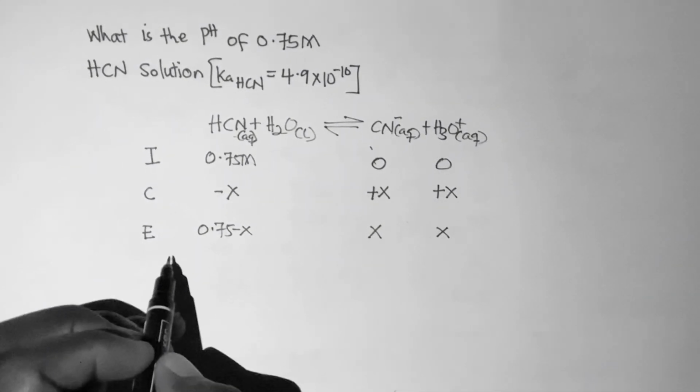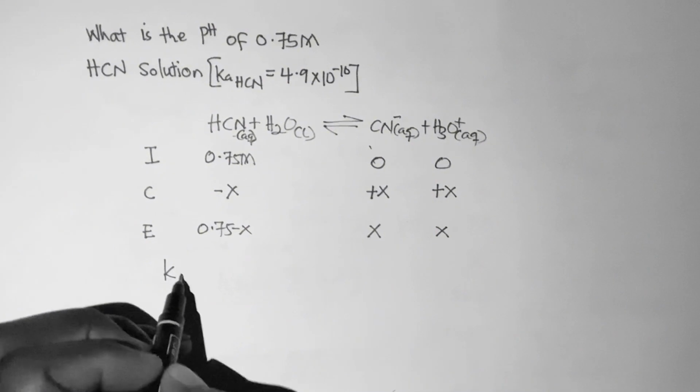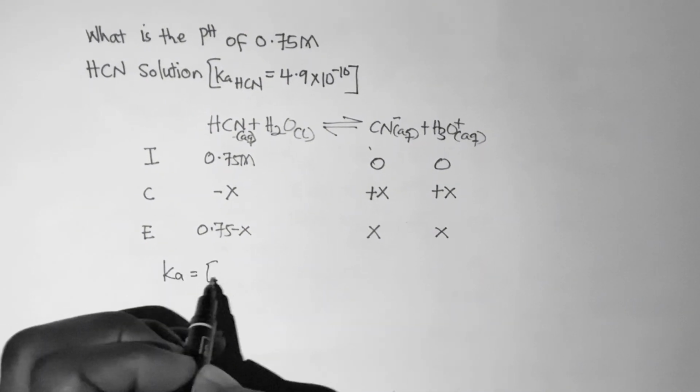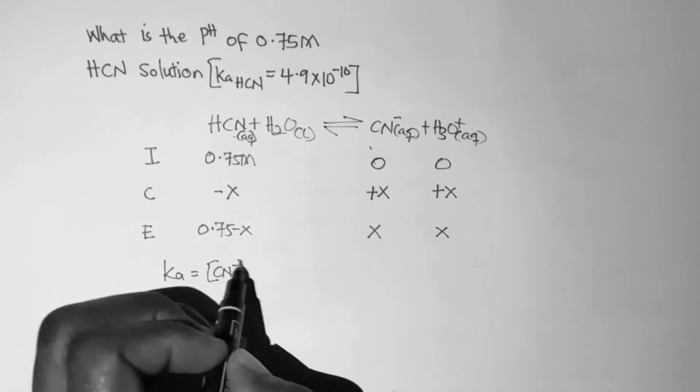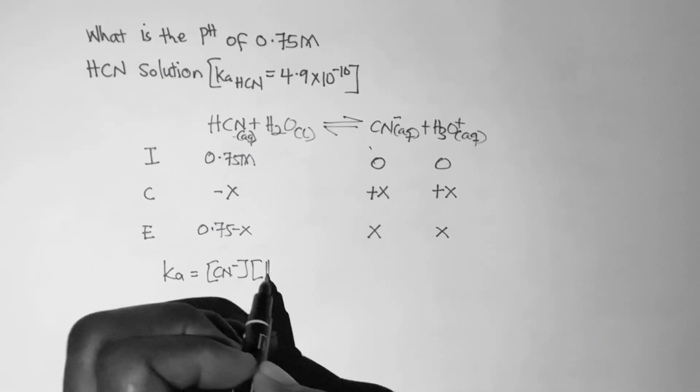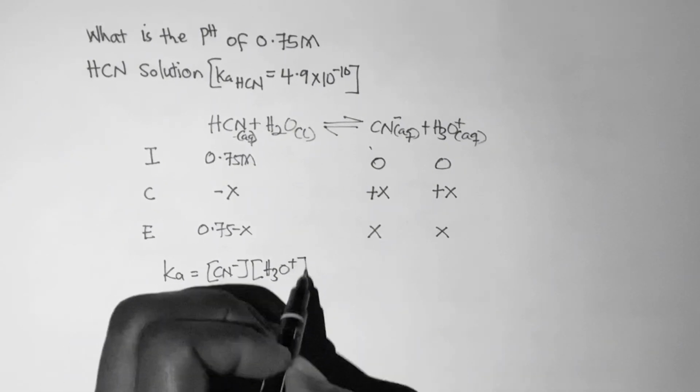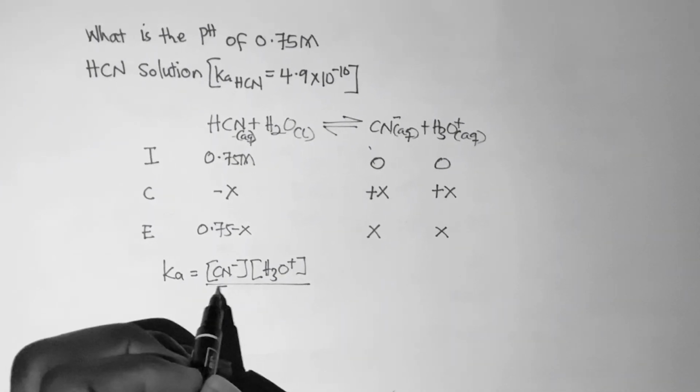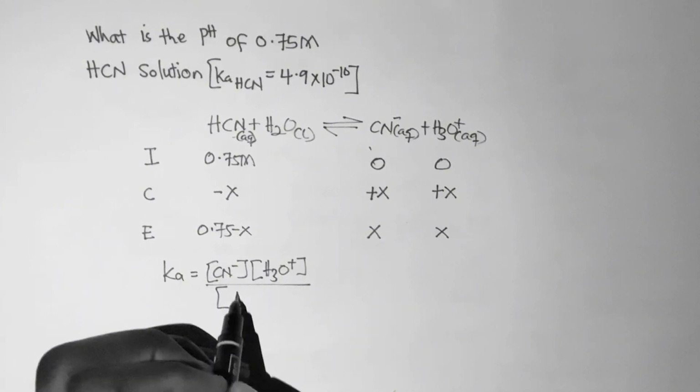So let's write Ka for HCN. The Ka is equal to the concentration of the cyanide anions times the concentration of the hydronium ions divided by the concentration of the HCN.